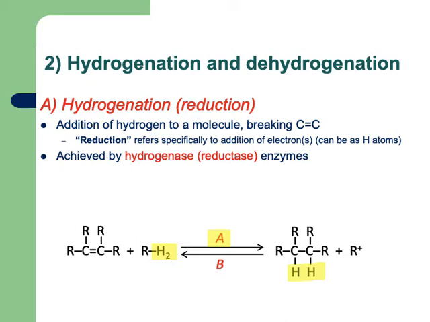So we've broken the carbon-carbon double bond. And I've highlighted in the molecule where those two hydrogens have gone. They've gone to the two carbons, and we've broken that carbon-carbon double bond. And now the last product is just an R, which is a random molecule.